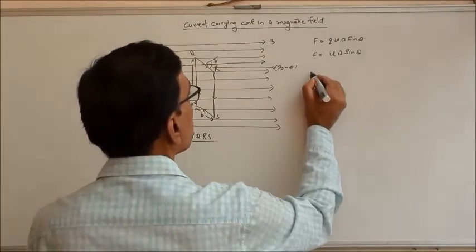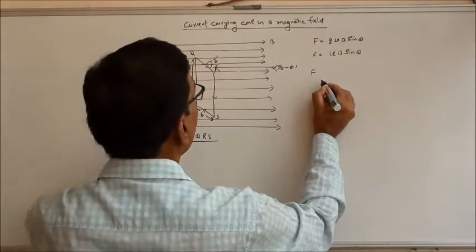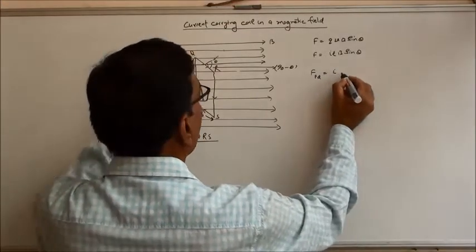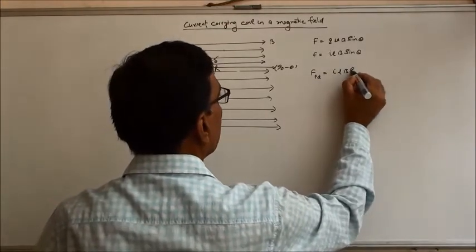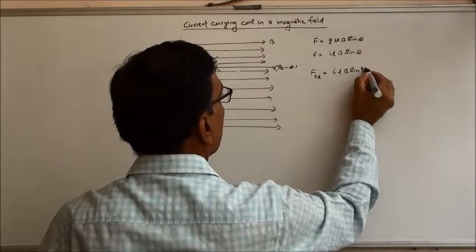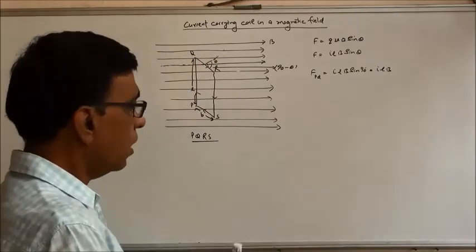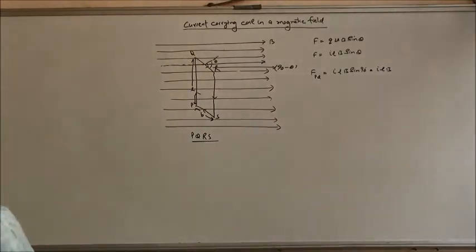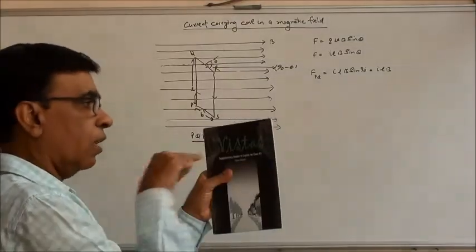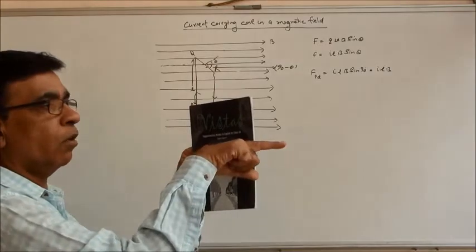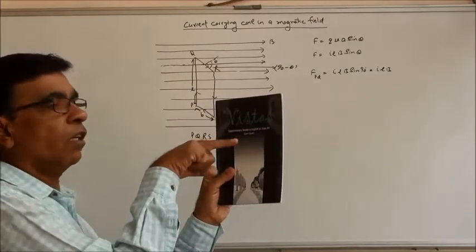So force on, let me start with this PQ. It is I L B sin 90, which is ILB. See this side, again, when the magnetic field is in this direction, this is the coil, so this side is always perpendicular to this, and same way this side is also perpendicular.